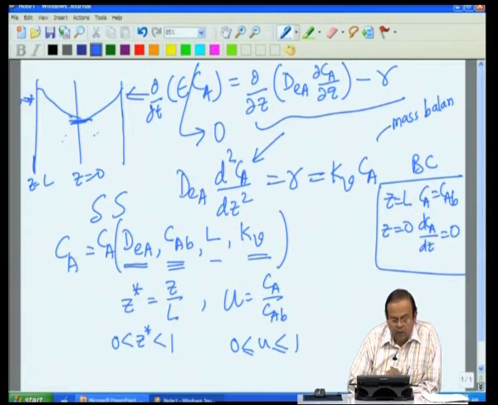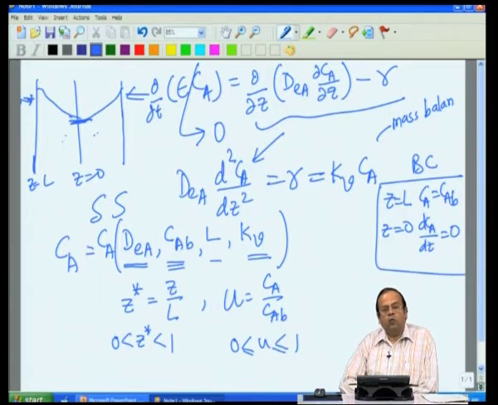So, one idea of making these equations dimensionless is that the order of magnitude of both these variables is now between 0 and 1. When you solve a numerical equation, if the order of magnitude of various terms differ, then you sometimes land up in numerical difficulties. So, this is one way of making sure that numerical difficulties are avoided.